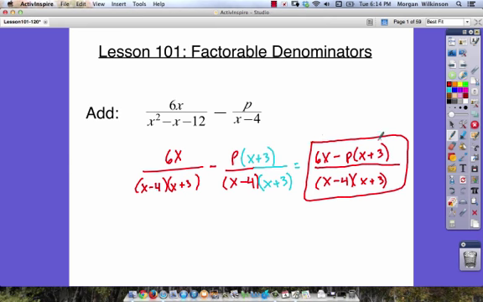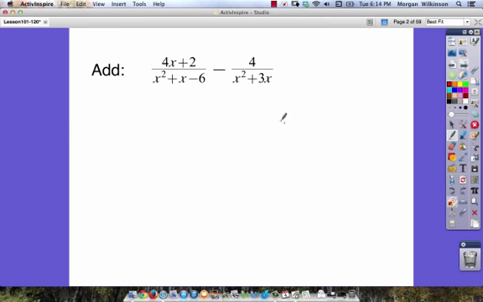Let's look at one more. Here, we have to add, and again, we're adding a negative. So we've got 4x plus 2 as our first numerator, and then we've got x squared plus x minus 6. So let's factor that. We're going to get x times x to give us x squared.